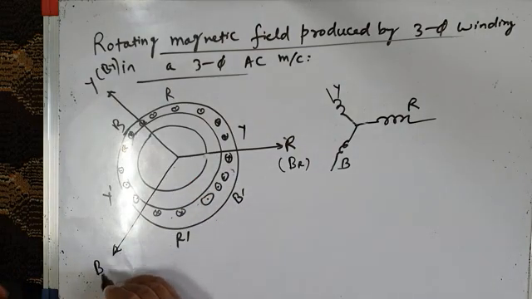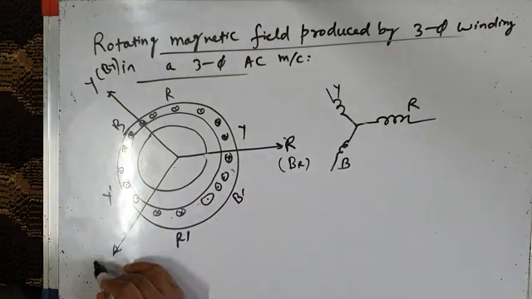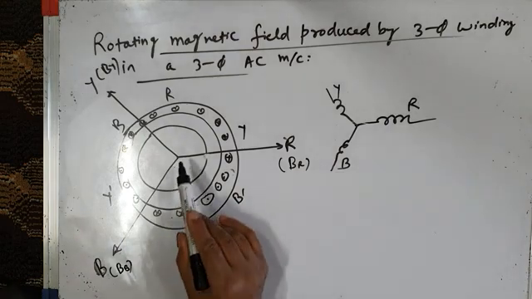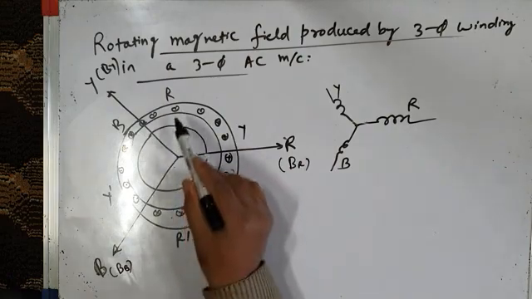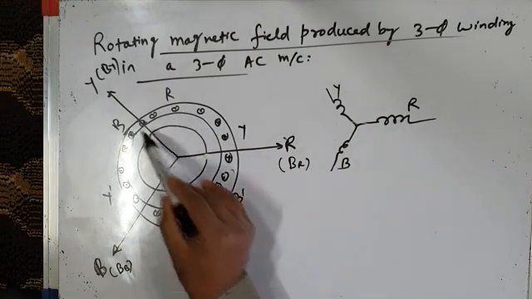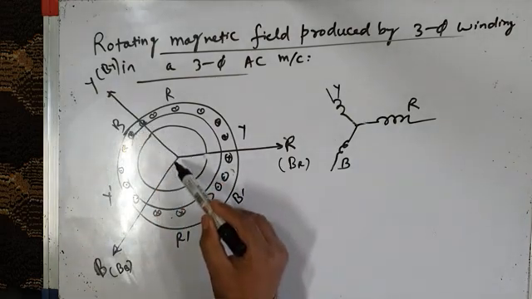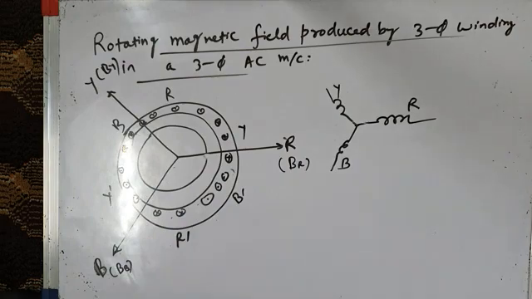So this is BR, BY, and this is BB. Therefore, now we have three axes. This is the axis of magnetic field produced by the current flowing in R phase winding. This is the axis of magnetic field produced by current flowing in Y phase winding. And this is the axis of magnetic field created by current flowing in B phase winding.